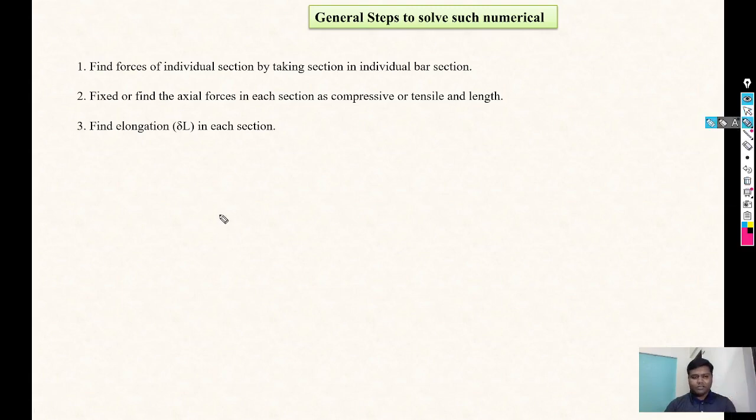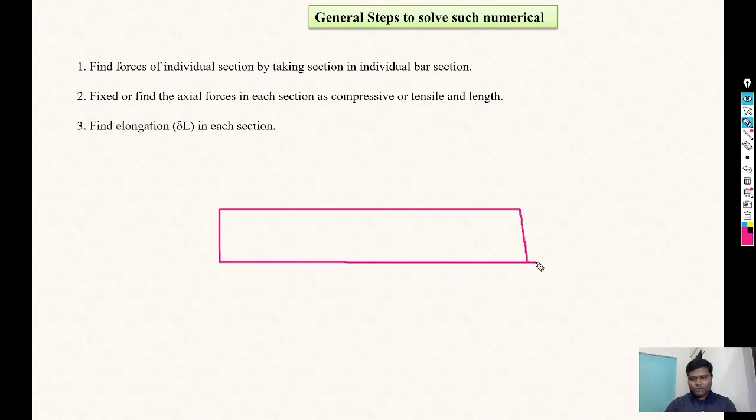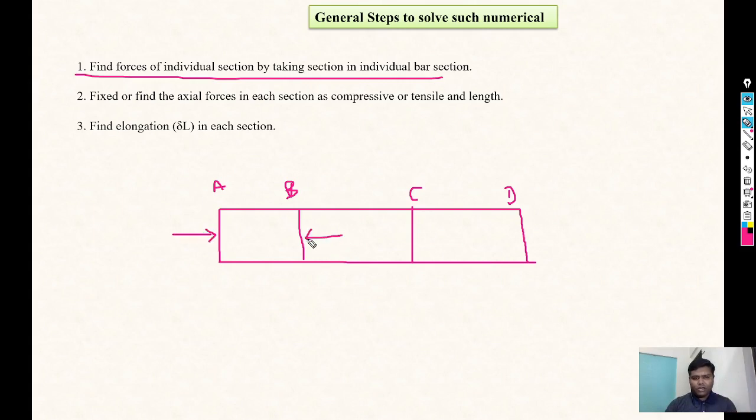Suppose we consider this bar with sections A, B, C and D. The first step is to find the forces of the individual sections, meaning whatever intermediate or external forces are given to us. So first we have to calculate the forces in each individual section. Just take the AB section separately and calculate the individual forces, meaning the forces only acting on the AB section.